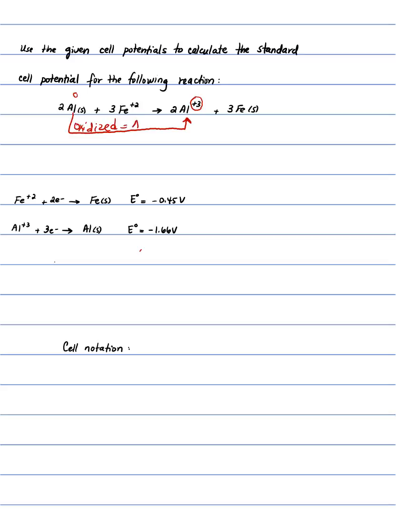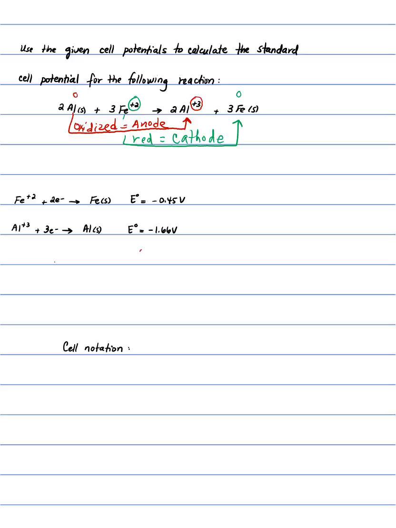And oxidation happens in the anode. And now we have iron with a charge of plus 2 going to a charge of 0. That represents the reduction, which is what's happening in the cathode.